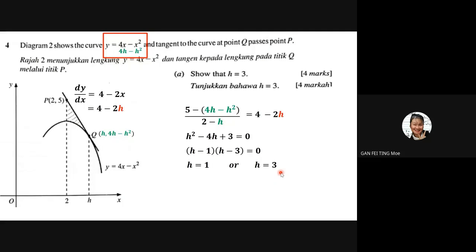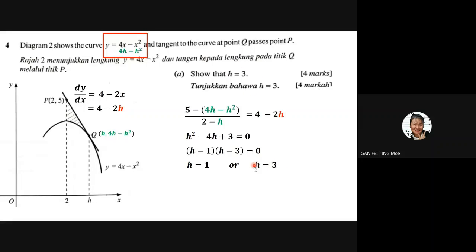Your answer? Very fast, it should be very fast. Equals to 3. Why 3? Why not 1? Why do you accept 3 and not 1? Because the answer asks you to show 3. That's why you show 3.